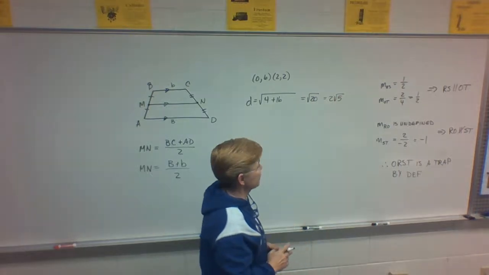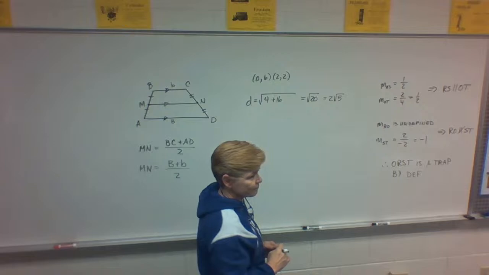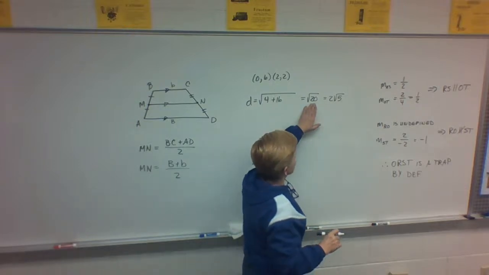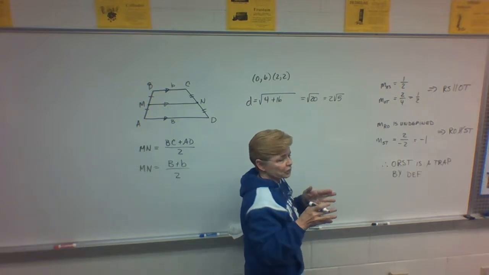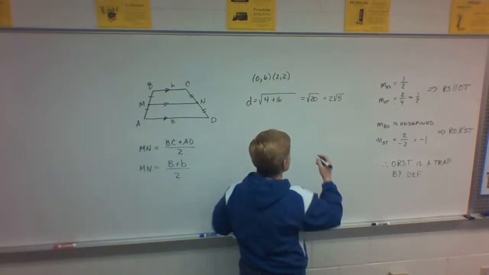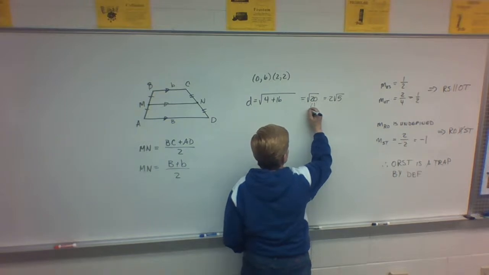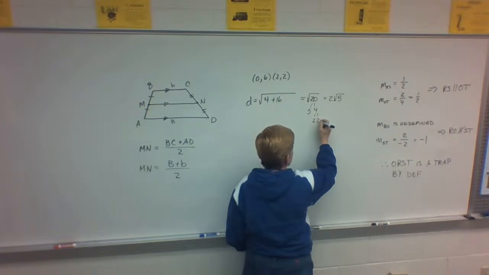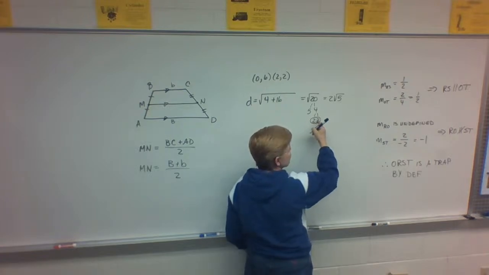Anybody need a refresher on how you get that? Maybe a quick one. This number right here, we have to see if there are any pairs of factors, things that multiply inside. So we prime factor it. 5 times 4. 5 is prime, so it doesn't come down any further. 4 is 2 times 2. Every time there's a pair of factors, it creates a perfect square.